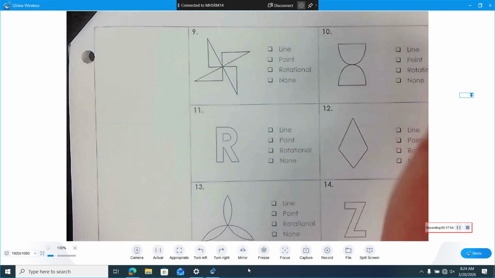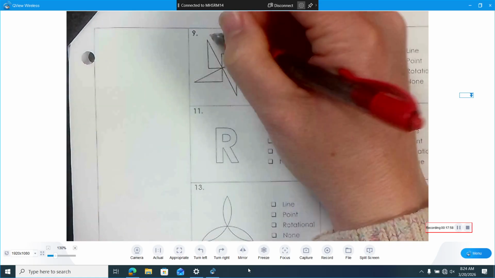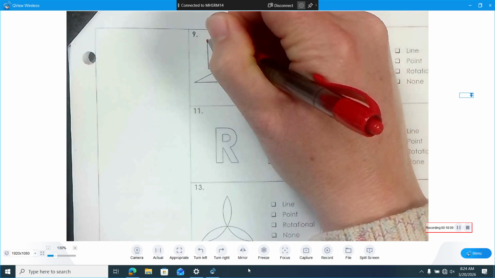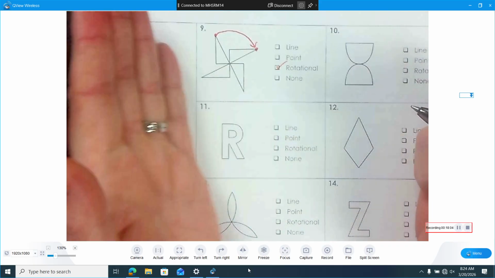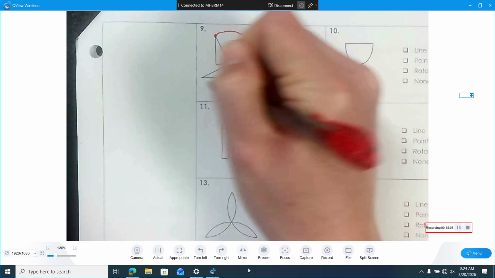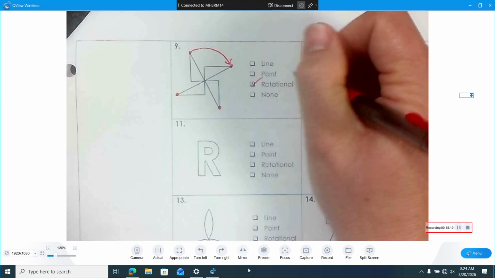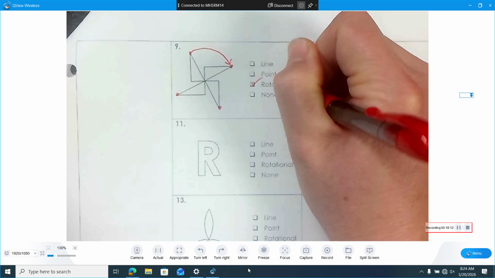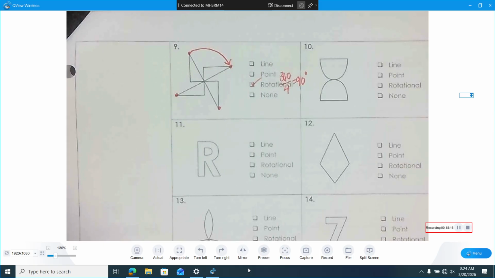What about rotational? Yes, it does have rotational symmetry. And so again, if you take a point and rotate it, then those would look identical to how they started. So how many degrees do we get if we... Okay, so 360 divided by 4 would be 90 degrees for that minimum rotational symmetry.